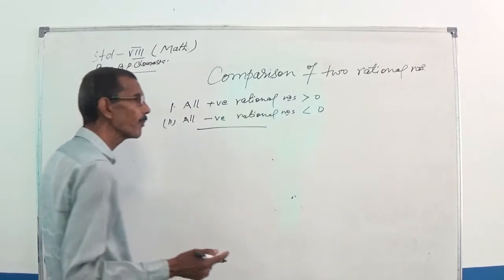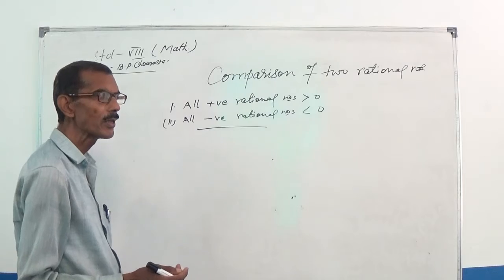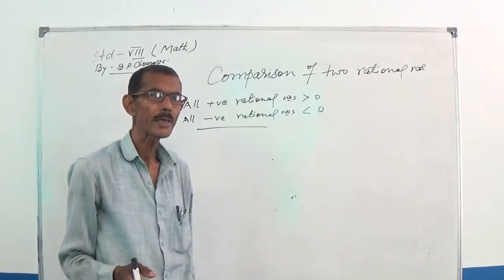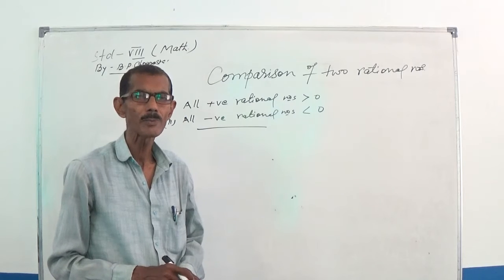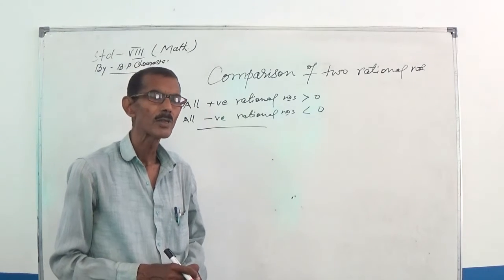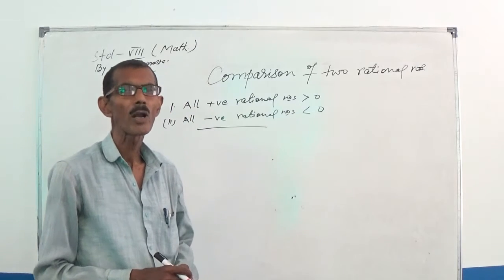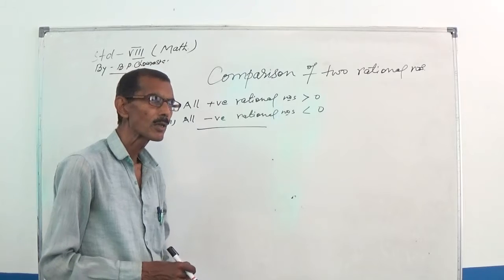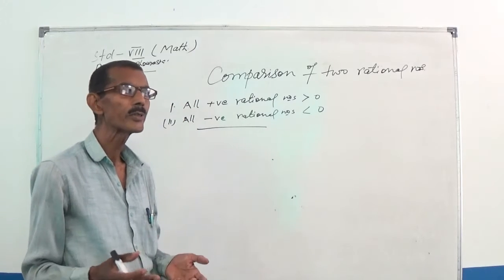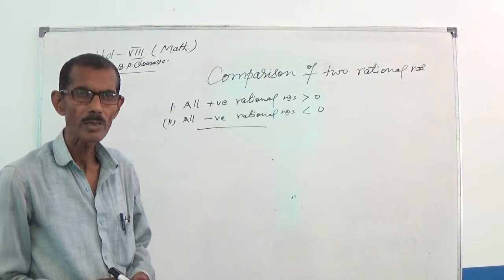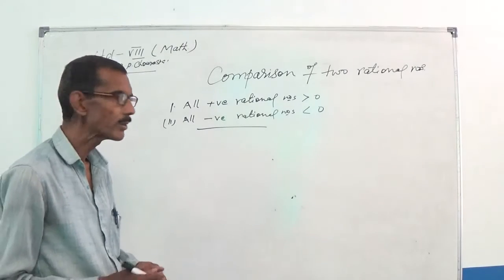If the other type of rational numbers have numerator and denominator of different form, or their sign is either the same or opposite to each other, then how can you find which rational number is greater or which is smaller?